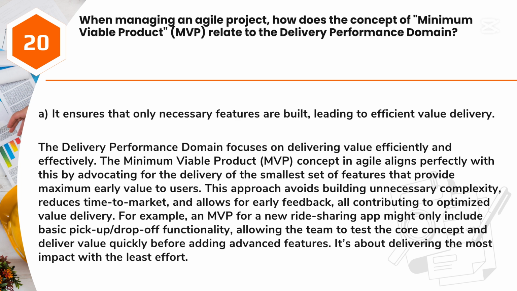This approach avoids building unnecessary complexity, reduces time to market, and allows for early feedback, all contributing to optimized value delivery. For example, an MVP for a new ride-sharing app might only include basic pickup/drop-off functionality, allowing the team to test the core concept and deliver value quickly before adding advanced features. It's about delivering the most impact with the least effort.